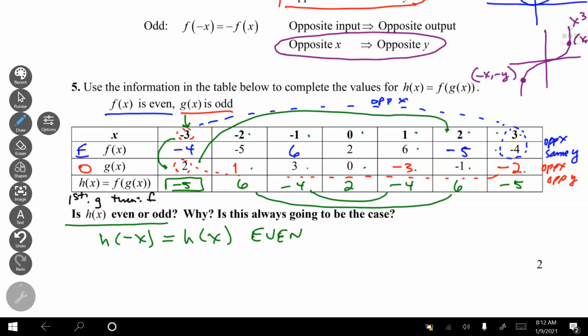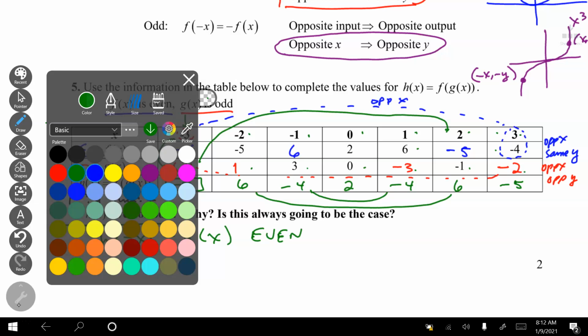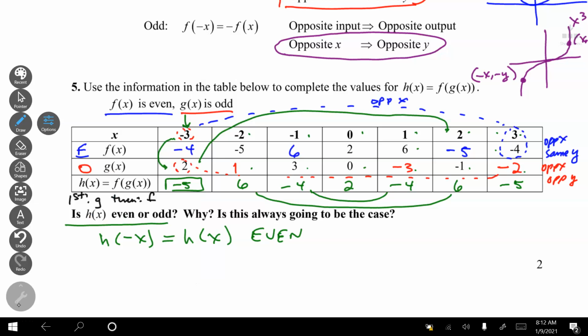Well, yes, because let's make up an example. Let's say g, the odd function, is x cubed, and f is an even function, x squared, and we want to do the f of g of x.